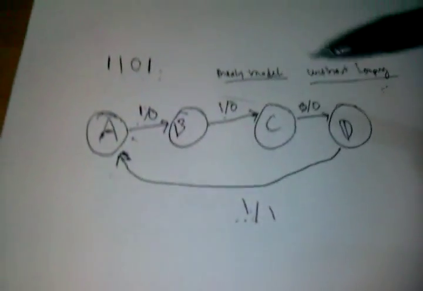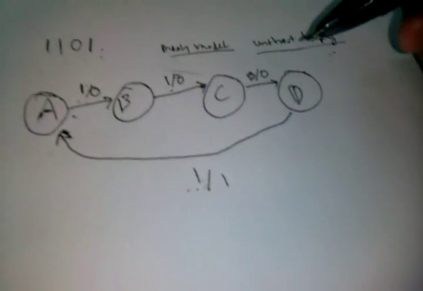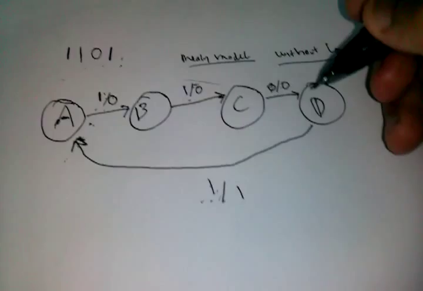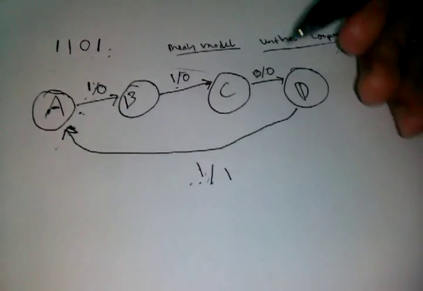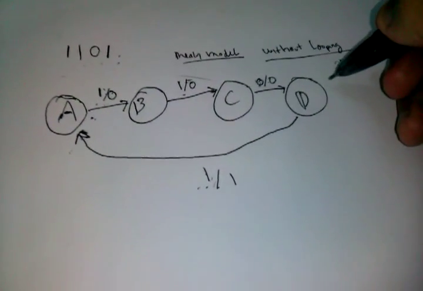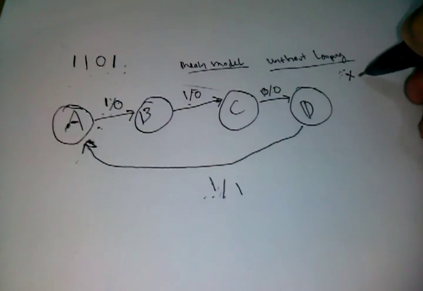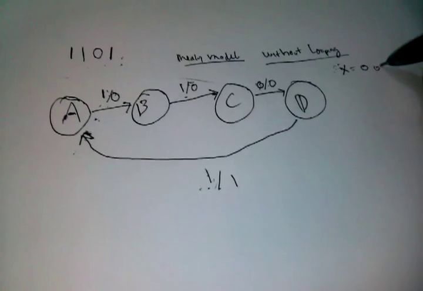After we draw this state diagram, we want to detect, because the input is X, it is 0 or 1.